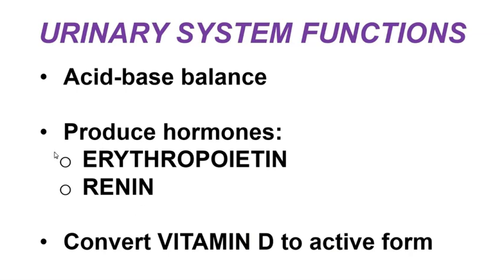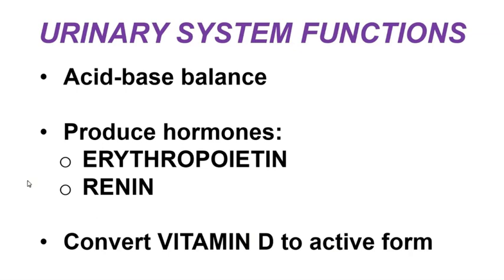Renin was a hormone that's secreted by the kidneys and regulates blood pressure by acting through the renin-angiotensin and aldosterone mechanism that we saw in Chapter 19. So recall that low blood pressure will cause an increase in the release of renin.